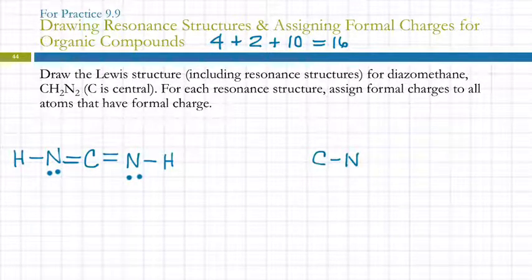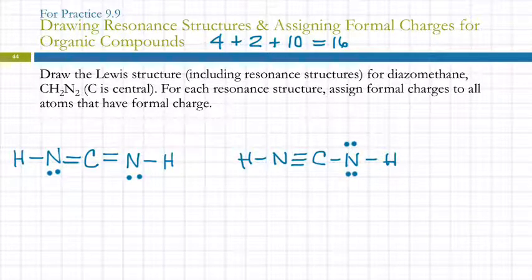Carbon, nitrogen, hydrogen, nitrogen, hydrogen. So we've got 2, 4, 6, 8, 10, 12, 14, 16. Has that got the right number of electrons and an octet for everybody? Yes, it does.